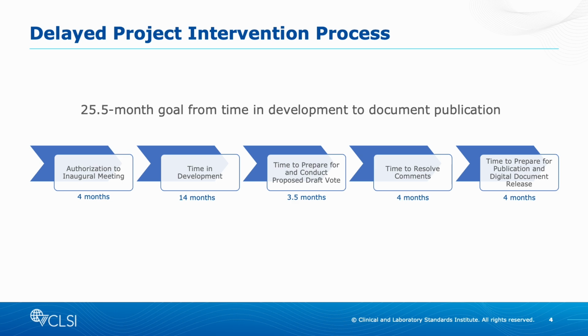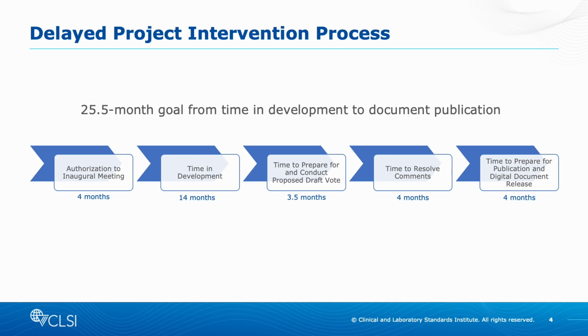While committees strive to complete document development in a timely manner, there are several factors that can contribute to delays, such as volunteer availability, difficulty reaching consensus, inclusion of highly technical details, and so on. The current timeline goal from time and development to document publication is set at 25.5 months, with significant delays occurring at the time and development phase.